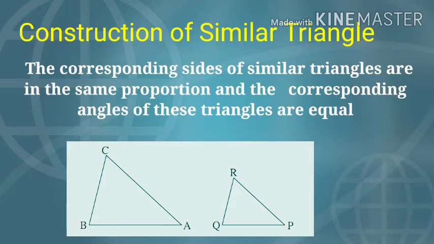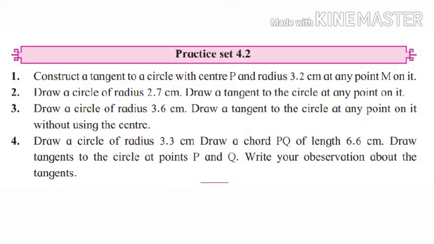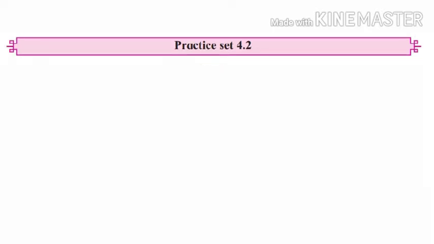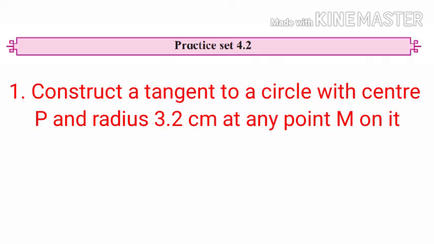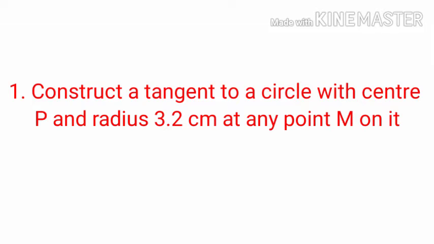Question number 1. Construct a tangent to a circle with center P and radius 3.2 cm at any point M on it.